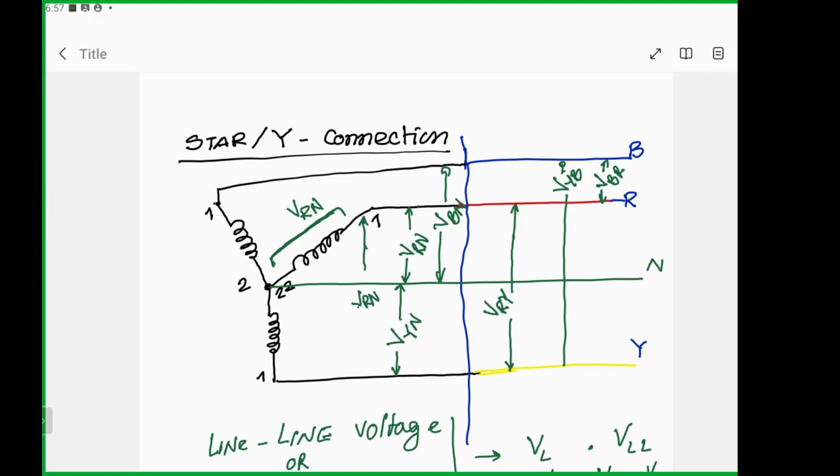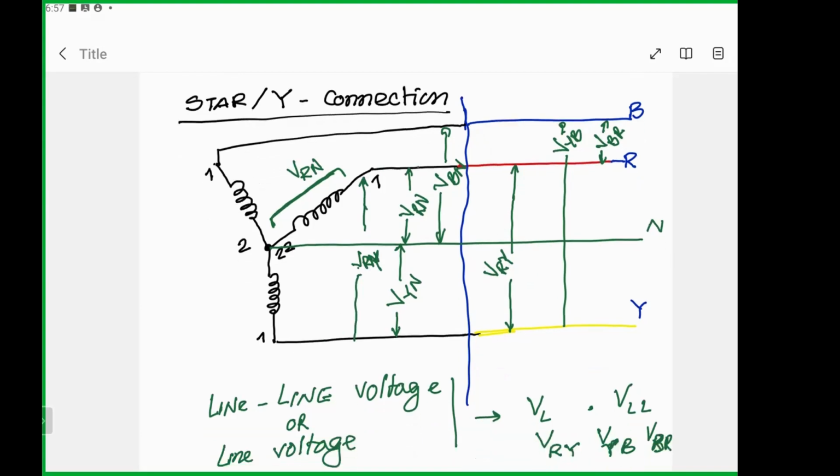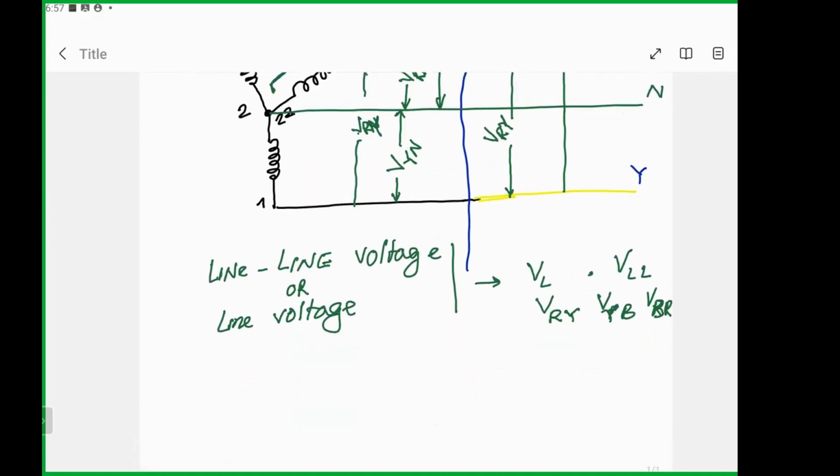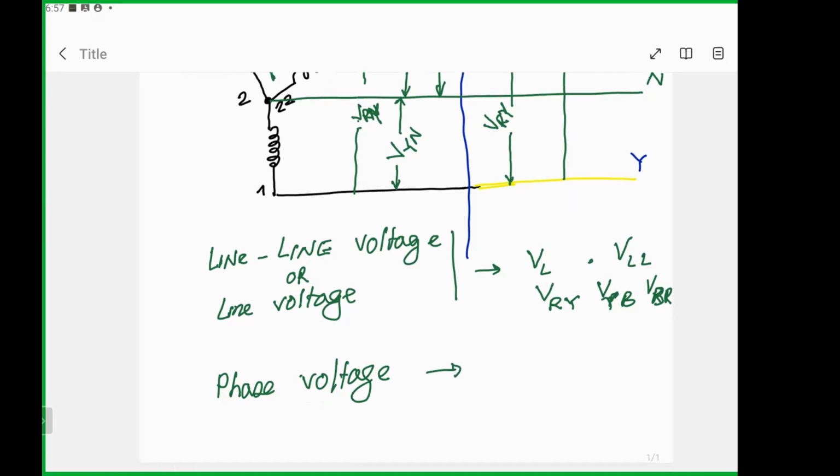So this is RY, between two coils. Whenever any quantity is related to a single, individual coil, that is called the phase voltage. Usually this is termed as phase voltage, no other name.